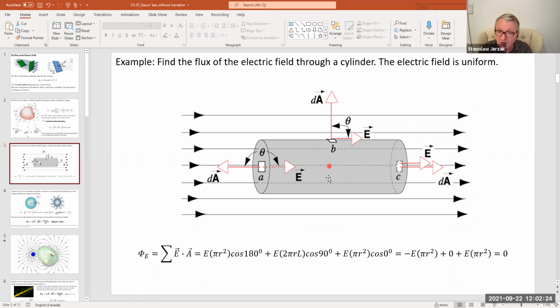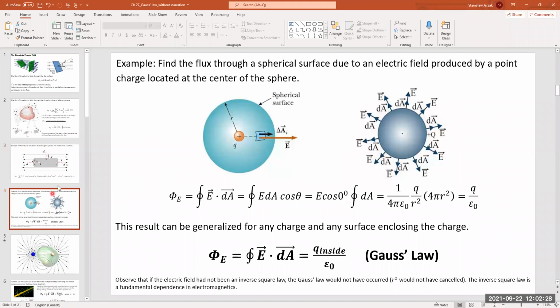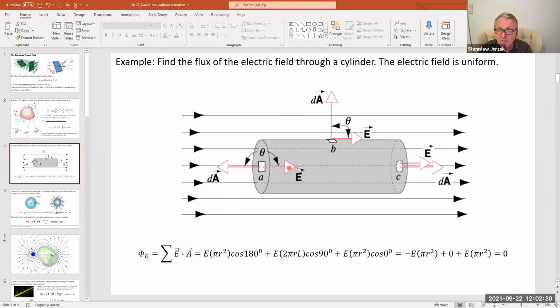So I will formulate Gauss law in a minute, but as I've mentioned before, no matter what shape of that surface would be in that uniform electric field, if the charge inside of the surface is 0, the flux through the surface will be 0, whether the field is uniform or not uniform.